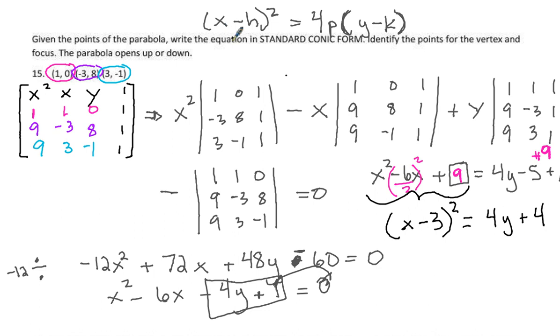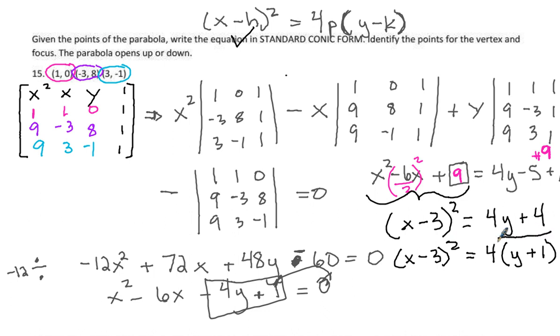So the left side looks exactly like what I want, and the right side is pretty close. If I factor out a common multiplier, that leaves me with 4 times parentheses y plus 1, and now it is exactly how I need it to look.